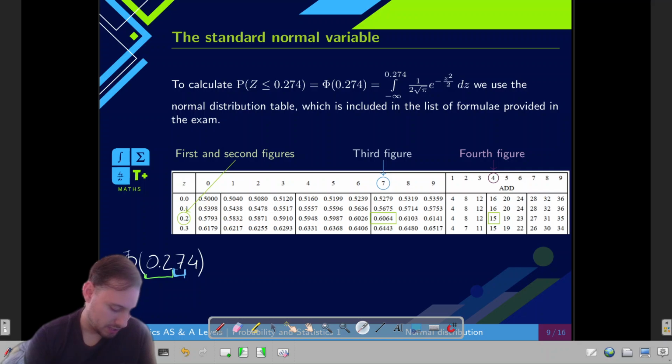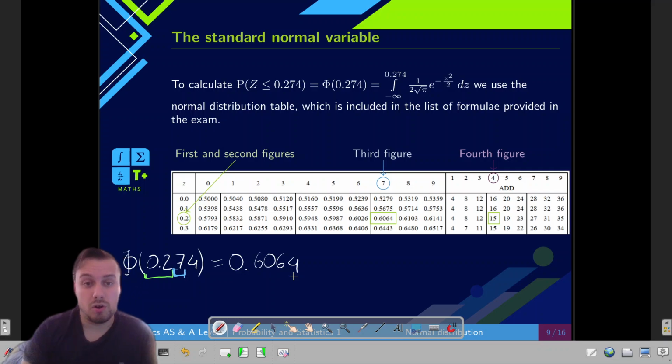So then I'm going to take this number that I found here, which is 0.6064. Is that the probability that I'm looking for? No, not exactly, because I still need to use the 4. How do I use this 4 that I have here at the end? Well, I'm going to go to this extra space here that relates to the fourth figure.